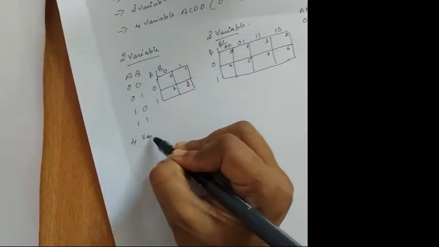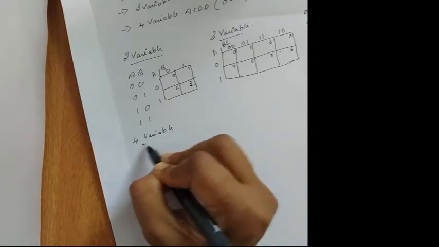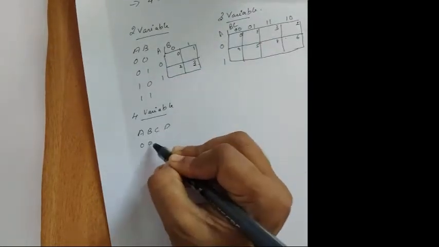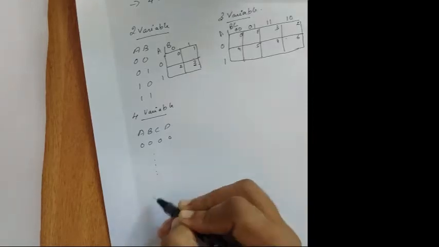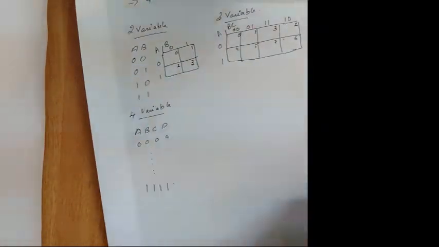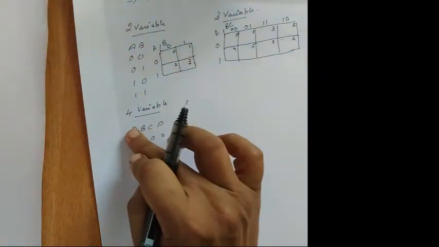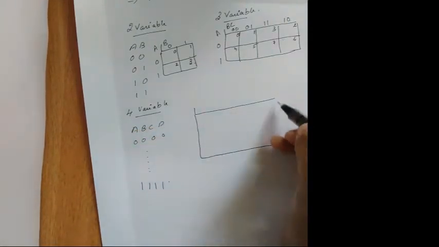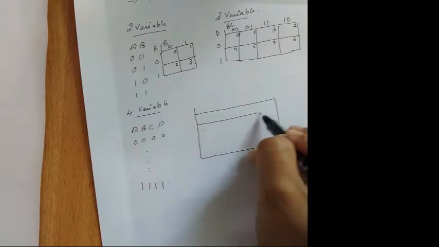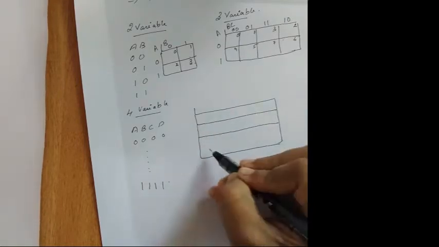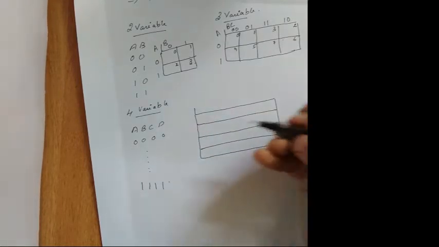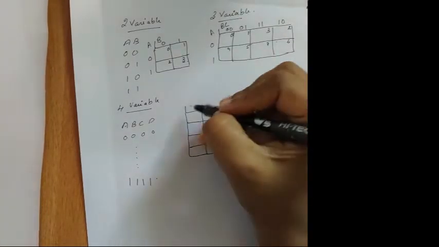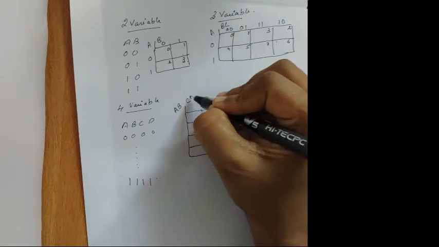And 4 variable K-map. Your variables are A, B, C, D, from 0000 up to 1111. Okay. So for 4 variable, you are dividing it into rows and columns: this is AB and this is CD.